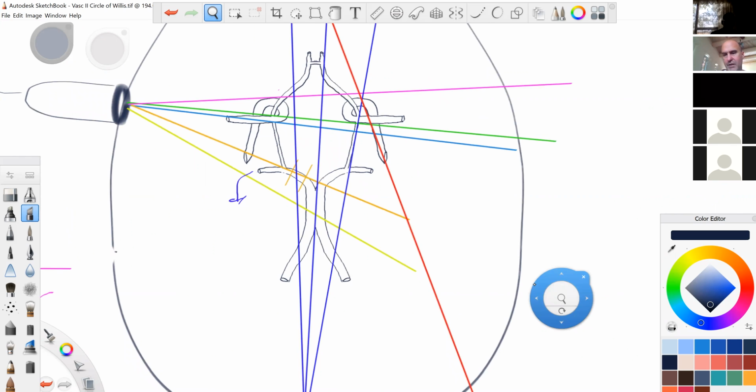Let me just write in something though. So from our perspective, blood flow is away in the anterior cerebral artery. We don't see blood flow in here.